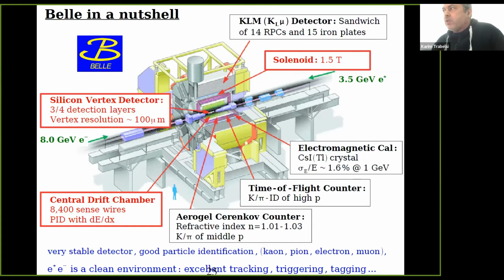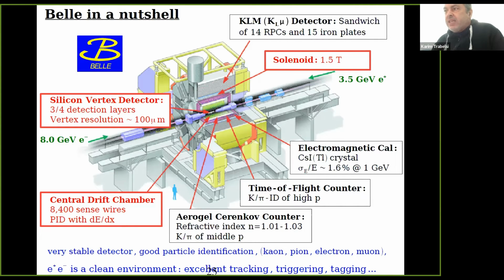So let's focus quickly on the tracking device. The tracking device, I repeat, will be in the inner part of the detector, and will be made of a drift chamber. I will show some pictures in the next slide. What is important is that the drift chamber will give you all the information on the momentum of the particle and the charge of the particle.